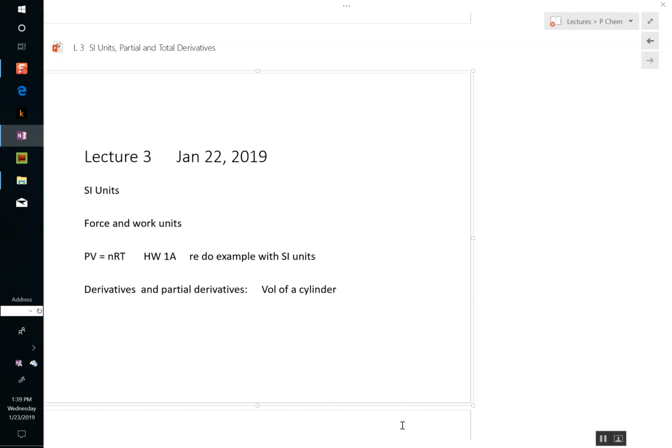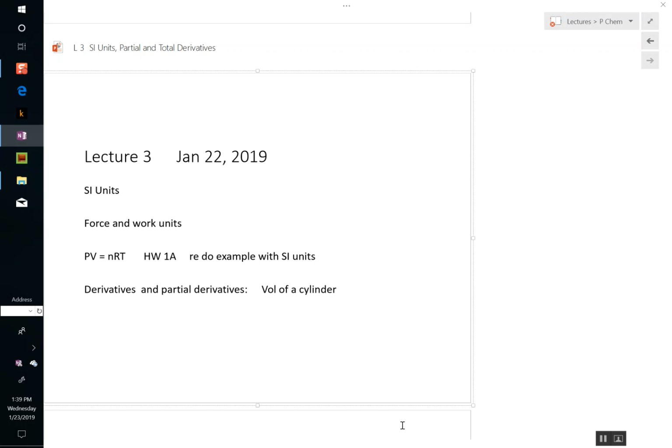So now your N is -1. These are all constants. You bring your -1 in front, you get -1 nRT P to the -1 -1.